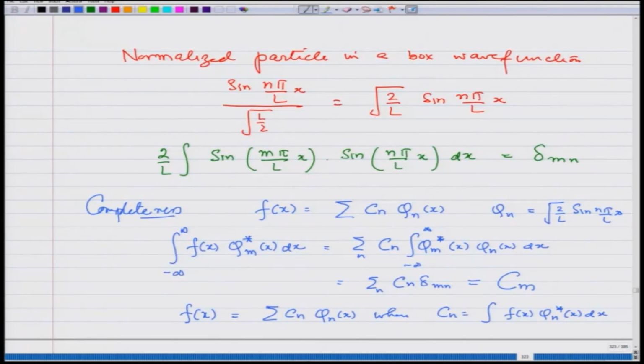Now, I am going to write completeness in a different form, and that is useful later. Writing completeness in terms of the Dirac delta function.